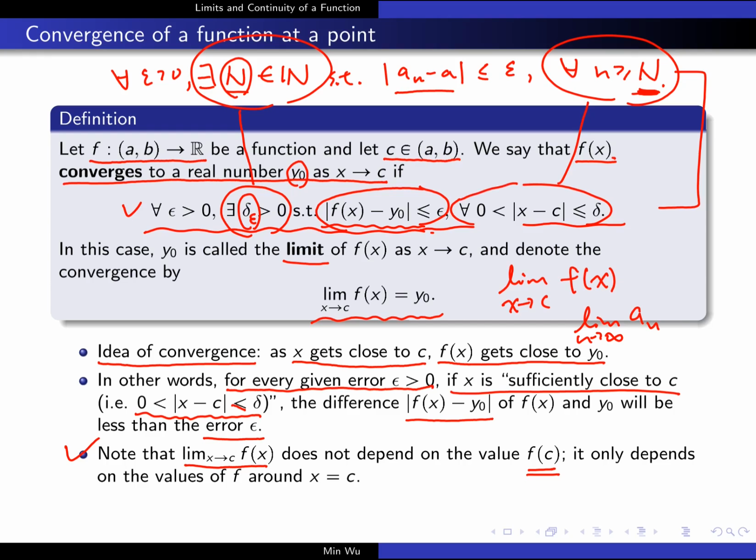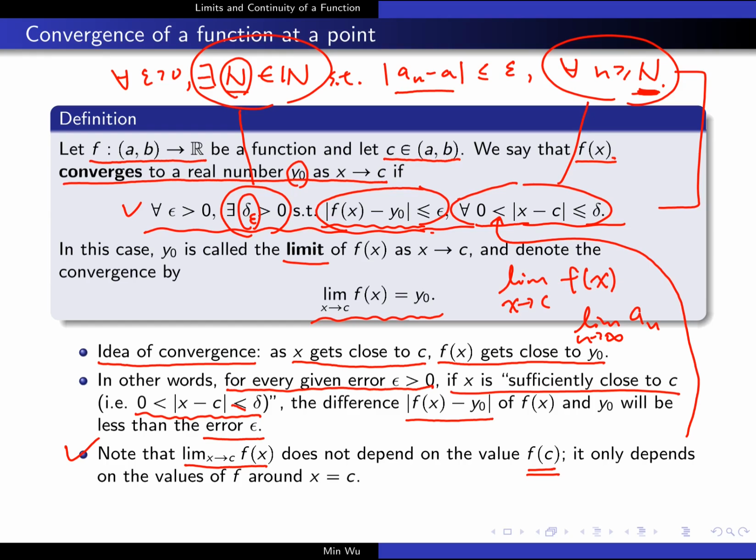Here we do not include the 0, because the limit should not depend on the value of the function. The sense of limit is that x is arbitrarily close to c, but not equal to c. That's why we don't include the 0 here.